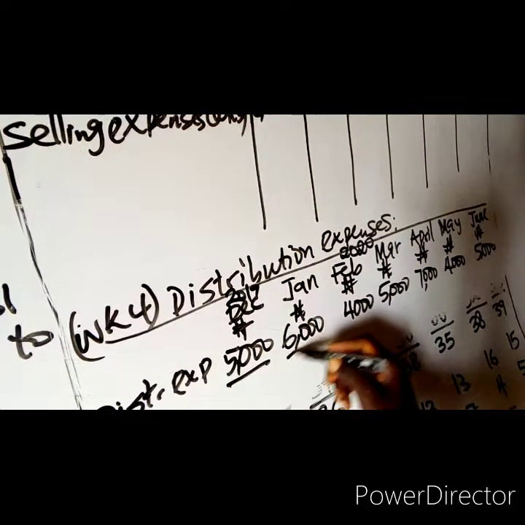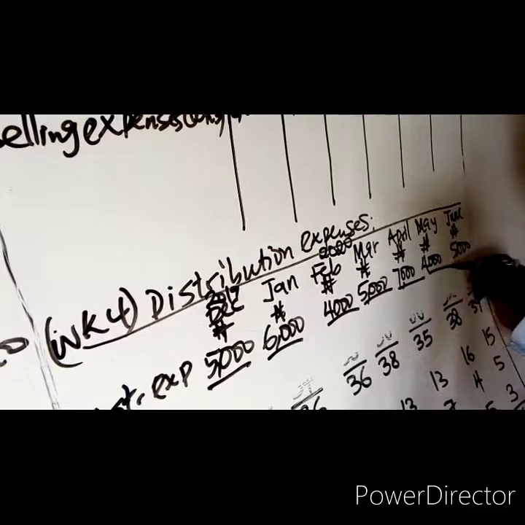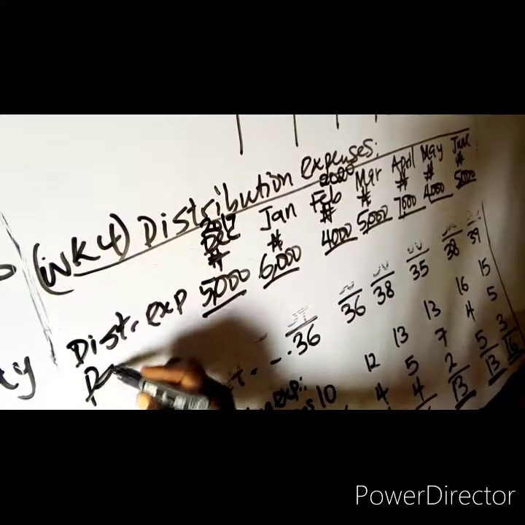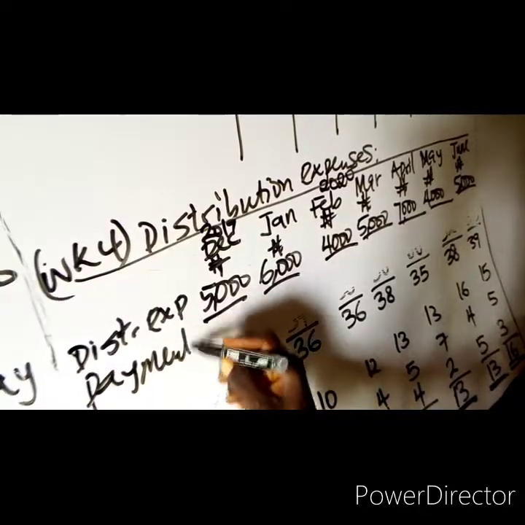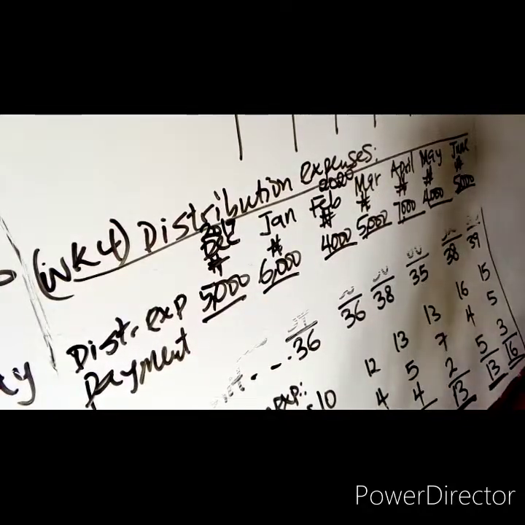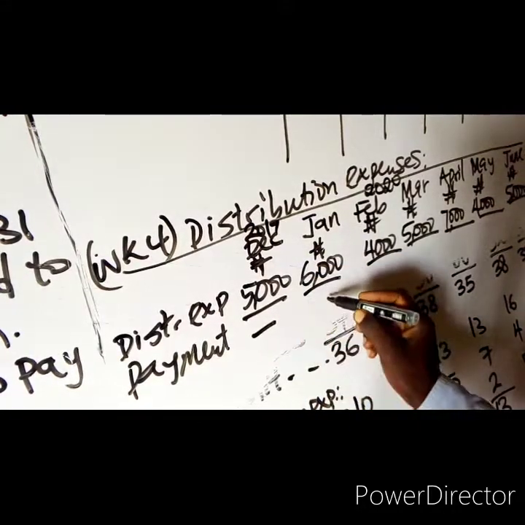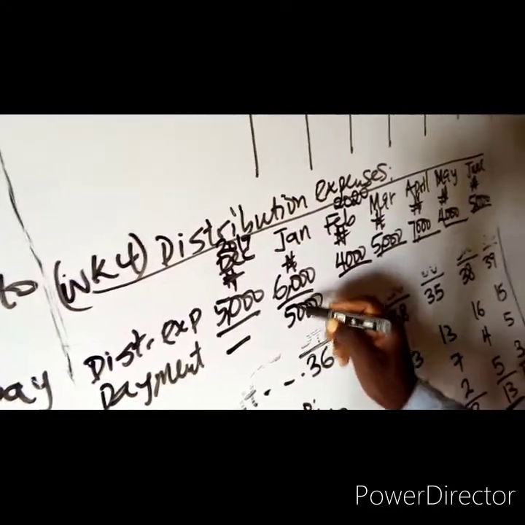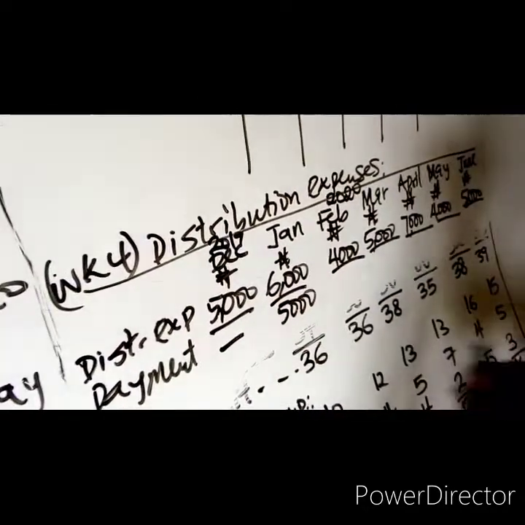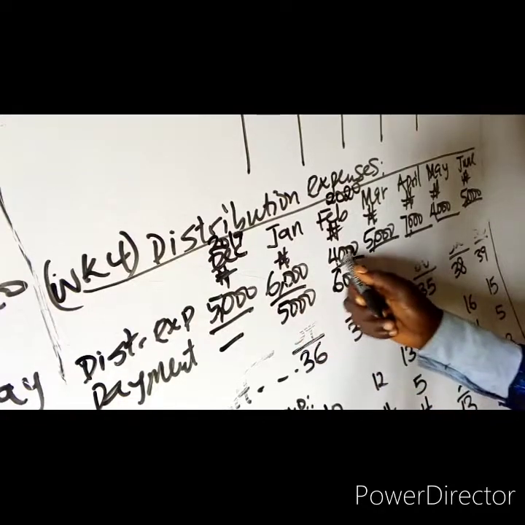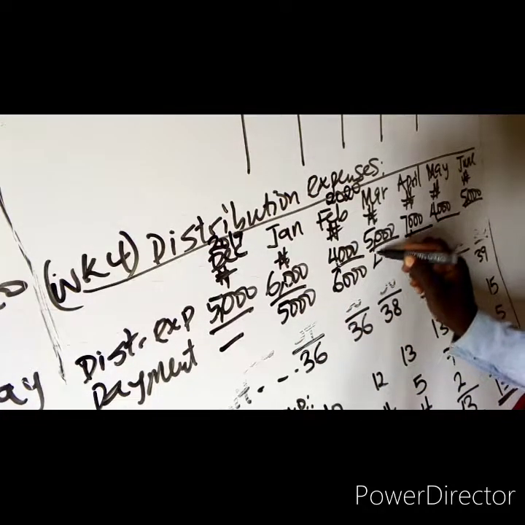So these are the distribution expenses for the period. Now, payment. We were told from note G that it is payable 1 month in arrears. The one for December will be paid in January. So this 5,000 will be paid in January. The one for January will be paid in February, which is 6,000. The 4,000 for February will be paid in March.